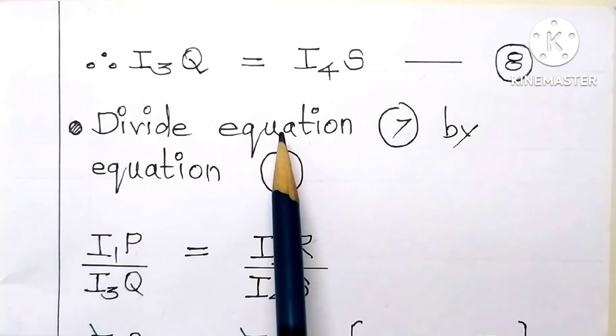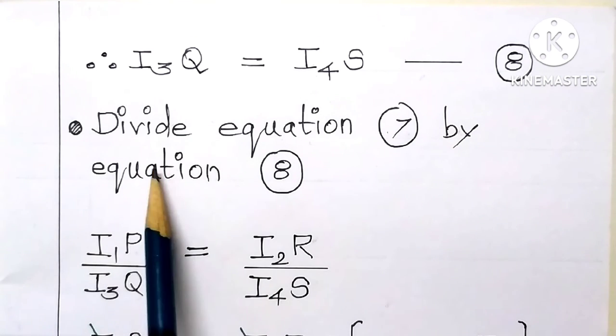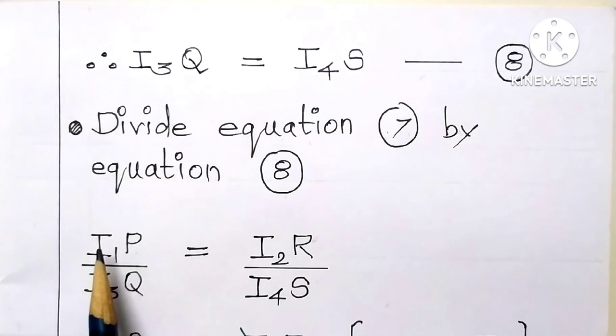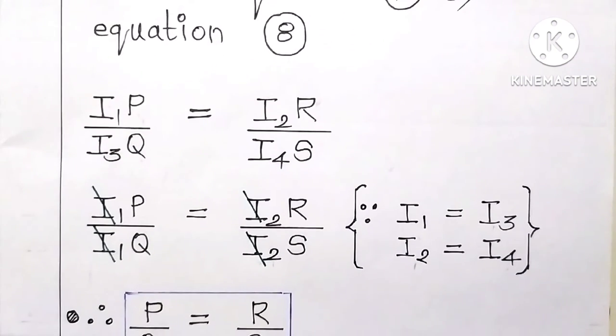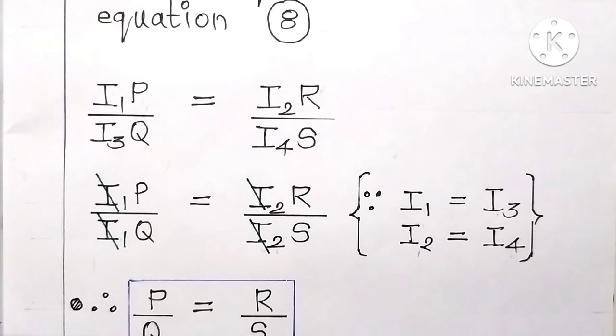Now, divide equation 7 by equation 8. So, I1P by I3Q is equal to I2R by I4S. But we all know that I1 is equal to I3 and I2 is equal to I4 from the previous equations.